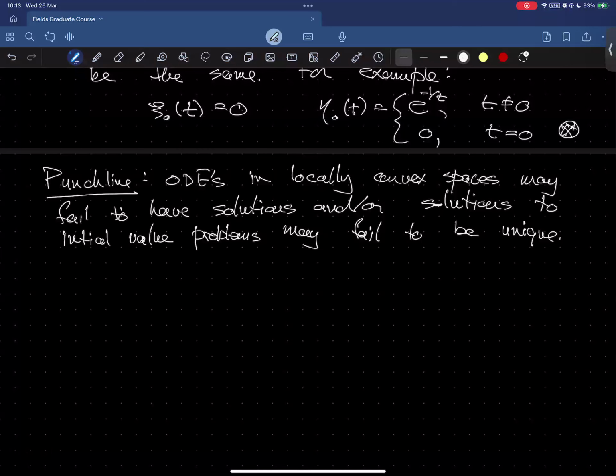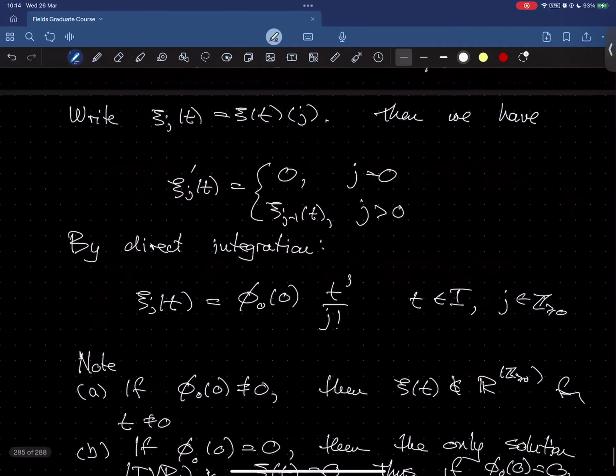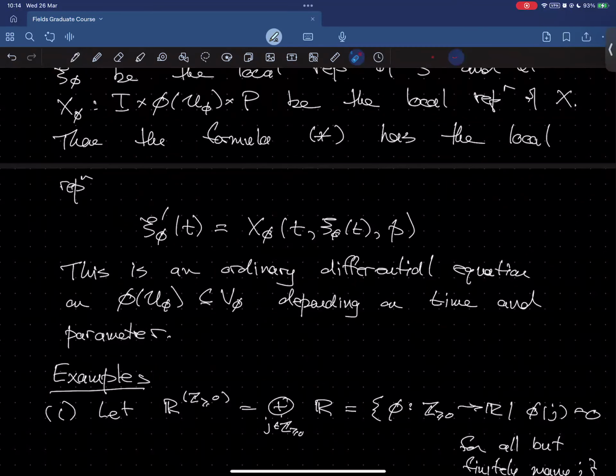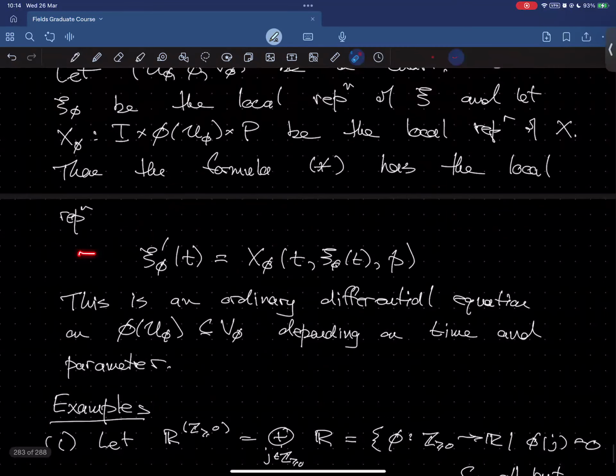So, how bad is it? In other words, what assumptions do you need in order for this to work? Okay, so these examples had to do with ODEs, and the connection to ODEs comes from the fact that when you represent the integral curve condition in a chart, you get an ODE.